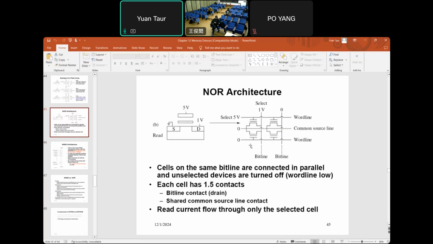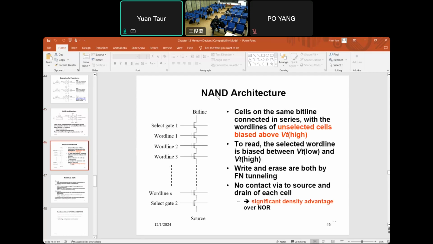Okay. Instead, we can use the other architecture, which is NAND. So for high density flash array, nowadays we use NAND architecture. In NAND architecture, the cells are connected in series instead of in parallel, so that we don't need any contact for each cell. Okay? They're connected one after another.